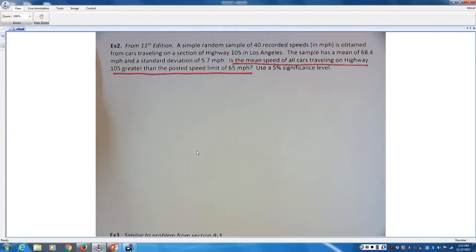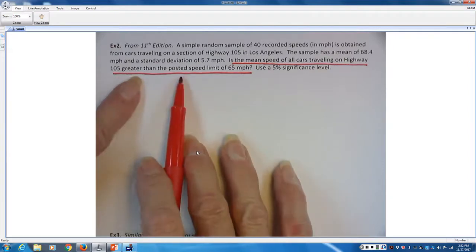Who gets to decide H1? Or who gets to decide the claim? Not H1, but the claim? No. Because is there a claim made here? No, they're just asking a question. So we're the ones answering the question. That means we need to write a claim. What does the question suggest that our claim needs to be?